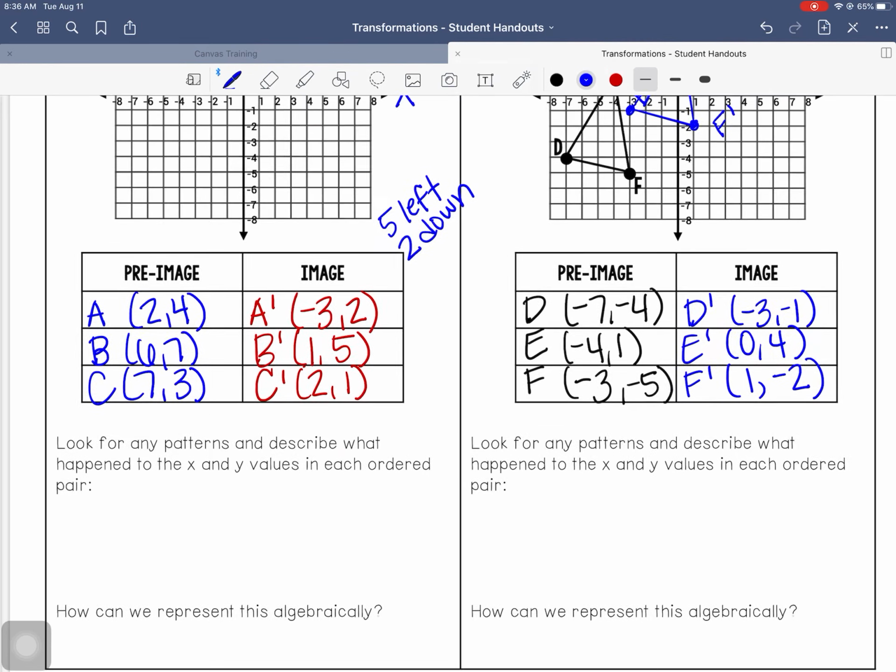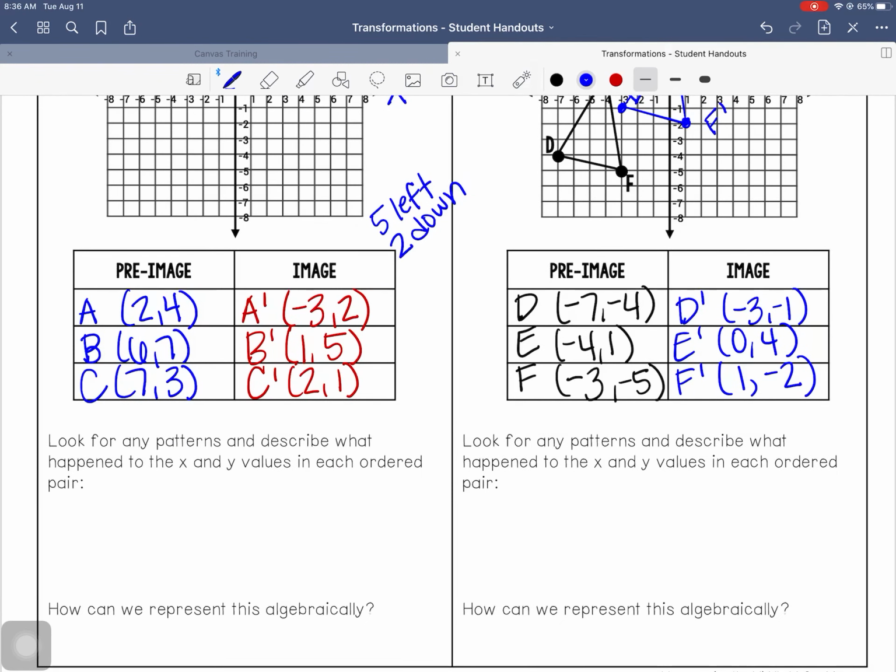Usually left and down means negative and negative, or subtract and subtract. If you look at the X values for all of them, they decrease by 5 every time. So 2 minus 5 is -3.